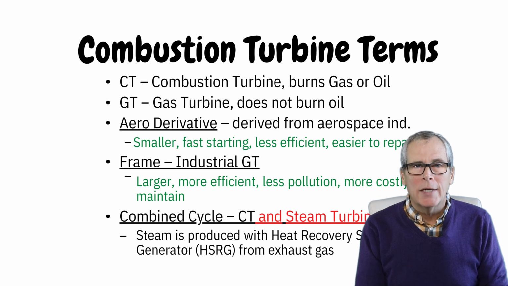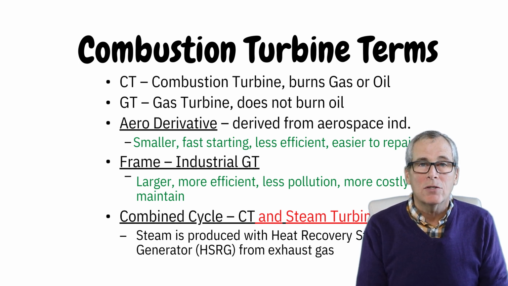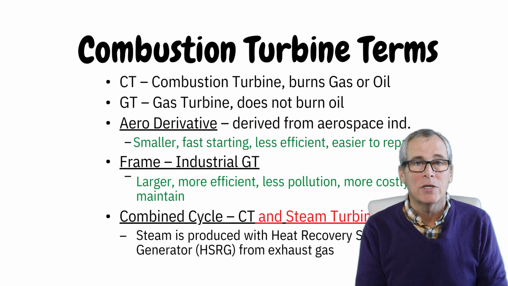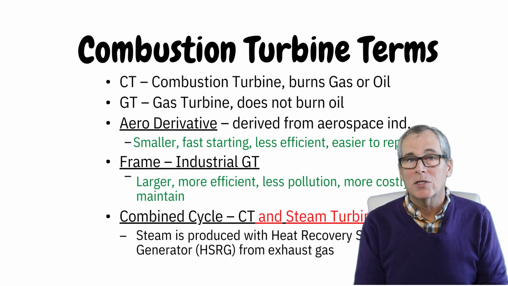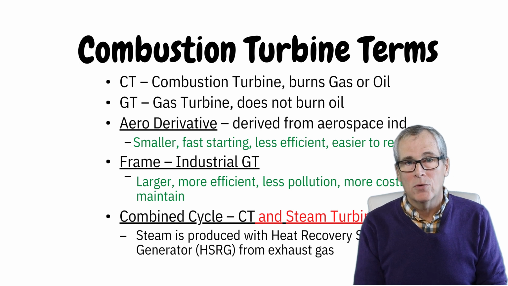You might hear about combined cycle systems. In a combined cycle power plant, we have gas turbines and steam turbines. The concept is that the exhaust gas that went across the turbine blades still has heat in it, and that heat can boil water, which it does through an HRSG, a heat recovery steam generator. Once the steam comes out of the heat recovery steam generator, it goes across the steam turbine, which is connected to its own generator.